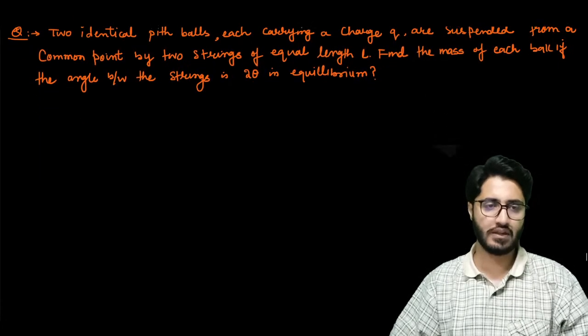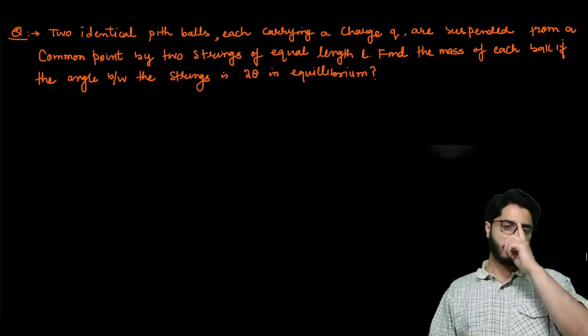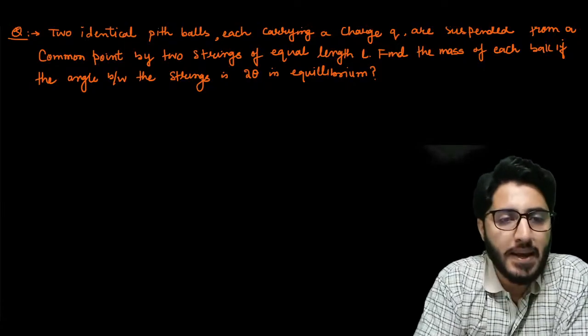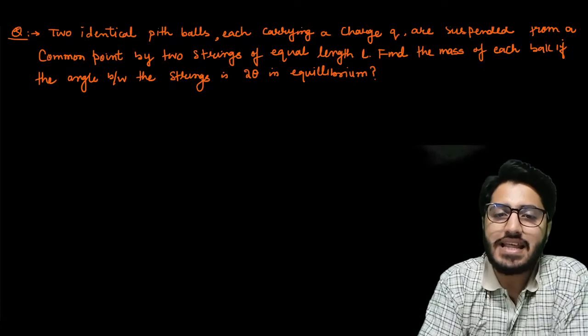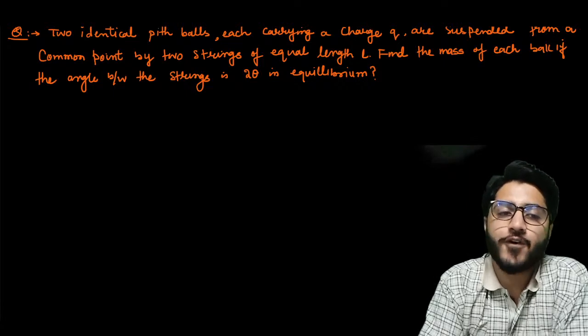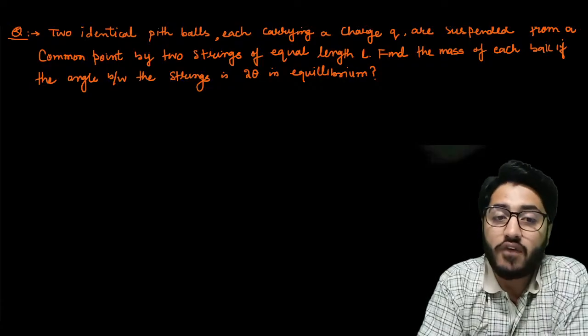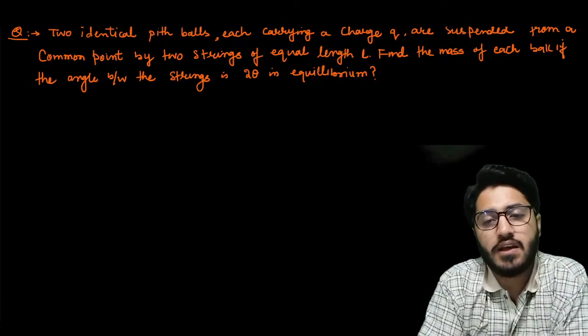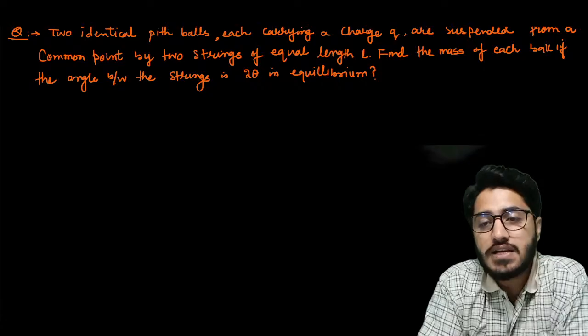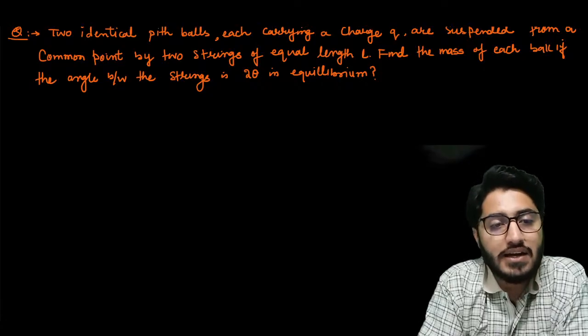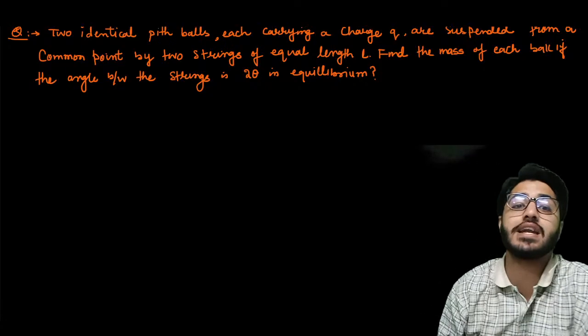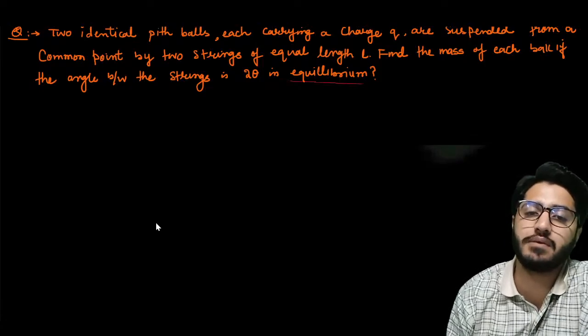Okay. Now numerical. What do we have? Two identical pith balls, each carrying a charge Q, are separated from a common point by two strings of equal length L. Find the mass of each ball if the angle between the strings is 2 theta in equilibrium. In equilibrium, right?